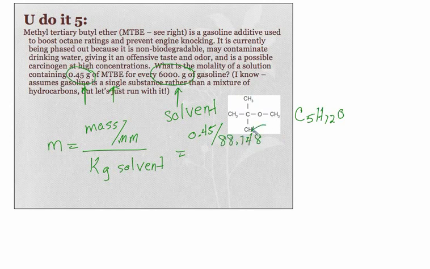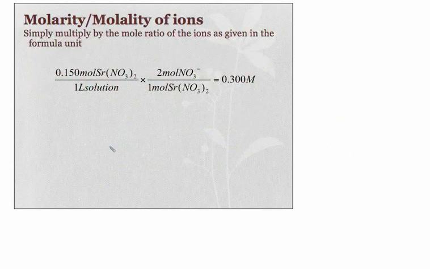You have to go to at least 2 decimal places when you're using these. Rounding, especially with molar masses, can lead to some very wrong numbers in your final mathematics. So I get 8.5 times 10 to the minus 4th molal, which is very, very small. It's a small additive. It's not your bulk desired component.